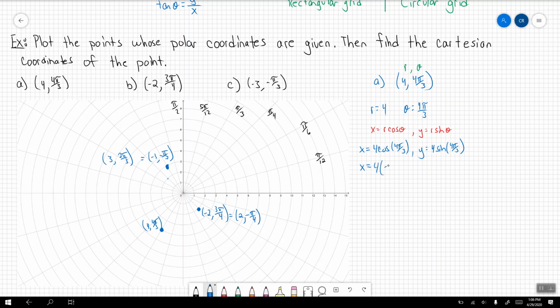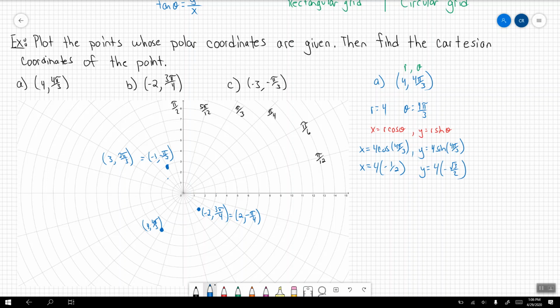So really, this is just 4 times negative 1/2. For sine of 4 pi thirds, since it's in quadrant 3, that sign would be negative, so it'd be negative root 3 over 2. Because again, they are co-functions of one another, in other words, co-angles of one another, so they just alternate by 90 degrees.